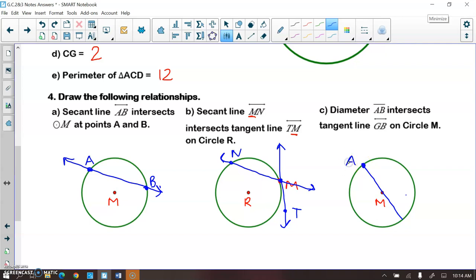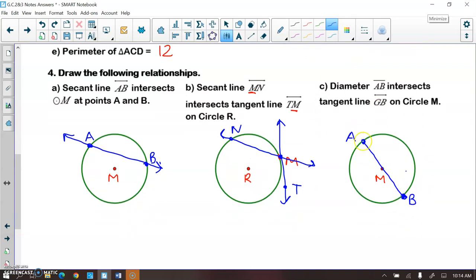So here's A and here's B. And then we have tangent line GB intersecting this diameter. So that means that the line's going to go through point B. So it looks maybe something like this. And G is the external point on that tangent line.